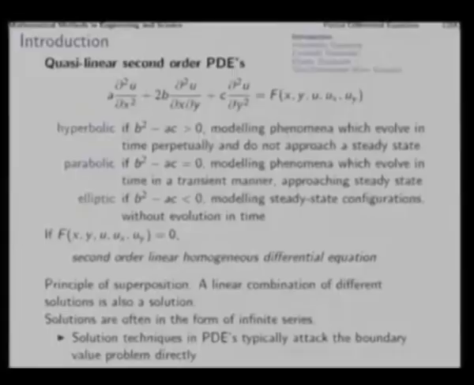That is, we will find infinite solutions for the homogeneous equation, and as we linearly combine them, we will find an infinite series. And these series are then completely determined, that is, their coefficients are determined, based on the initial or boundary conditions that are given with the differential equation.